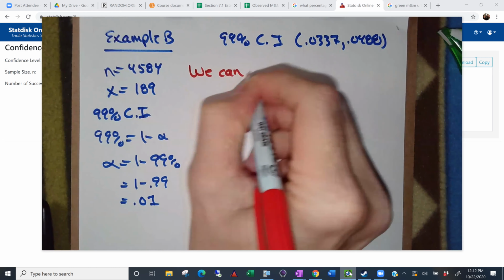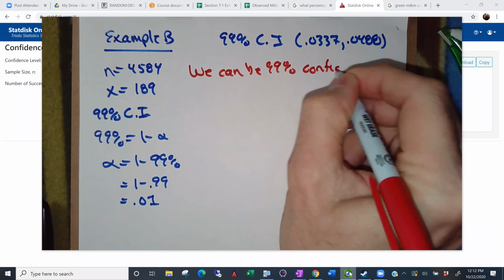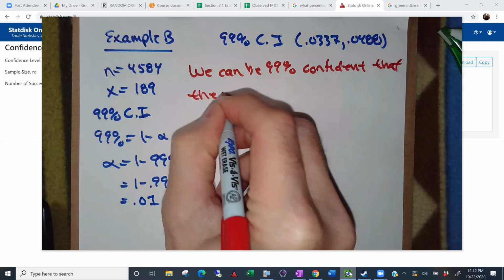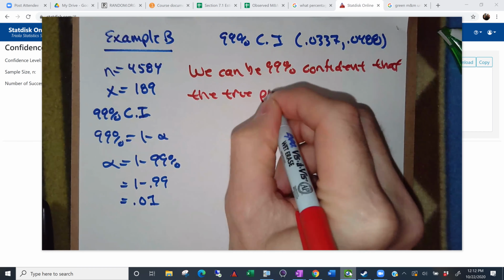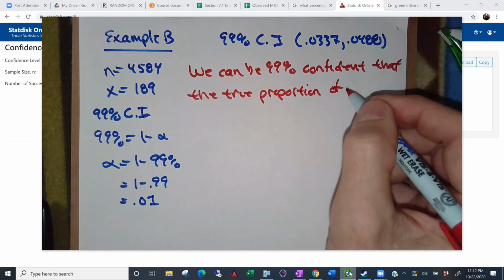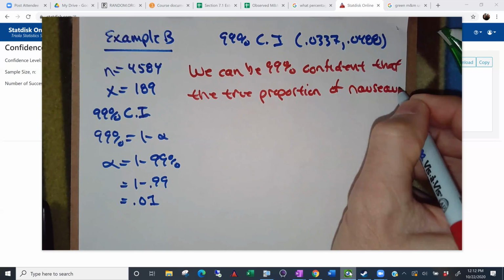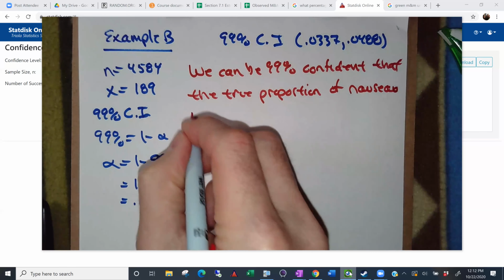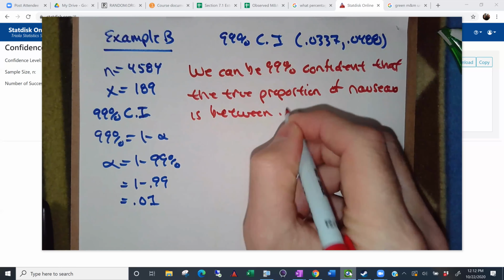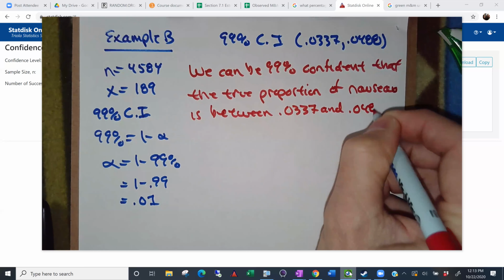We can be 99% confident that the true proportion of nausea is between 0.0337 and 0.0488.